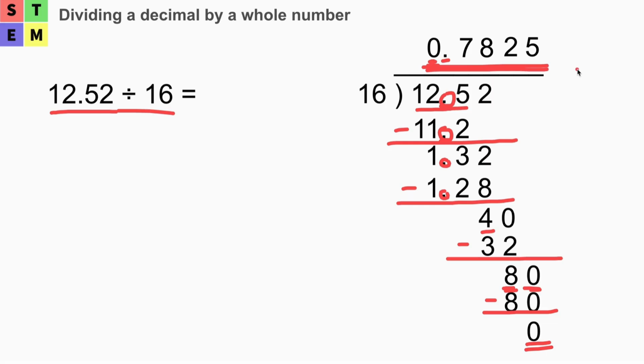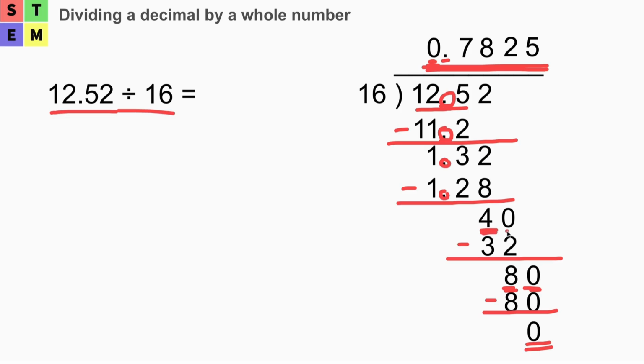0.7825. Basically, it's a bit more complicated than the previous one, but we are following the same method. We just need to find how many 16s are there in the numbers and calculate the remainder.